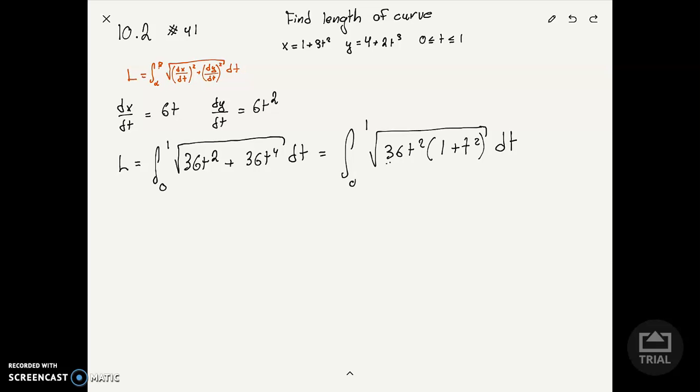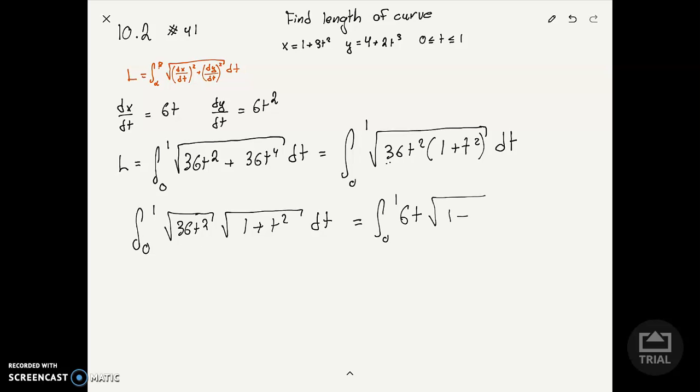So we could write that as the integral from 0 to 1 of root 36t squared times 1 plus t squared dt. And then we're left with the integral from 0 to 1 of 6t, since this is a perfect square, times root 1 plus t squared dt.